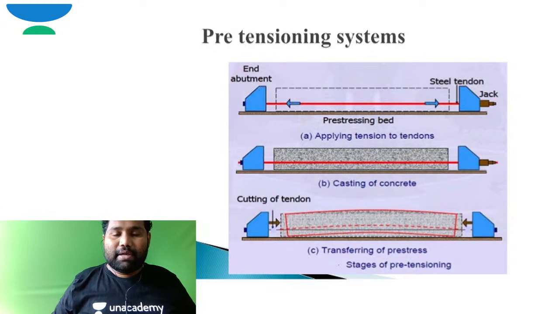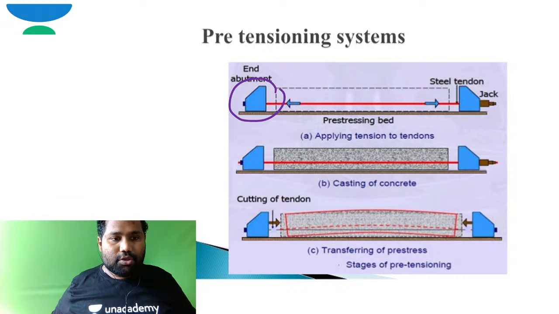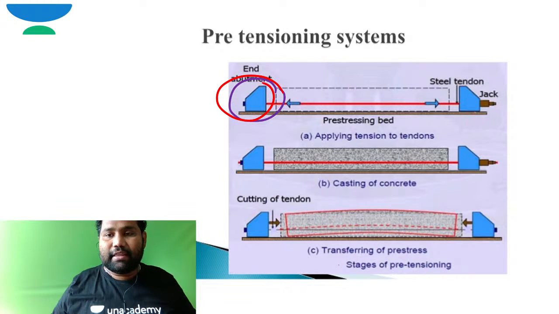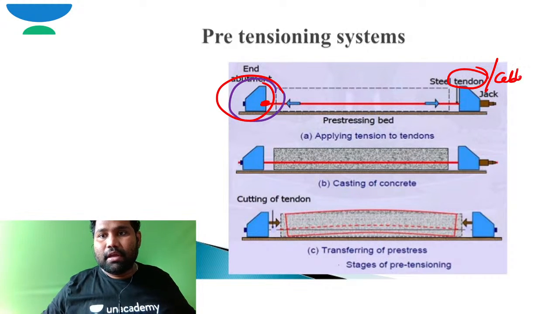There are two abutments. This is how pre-stressed concrete is generally manufactured. This is one abutment and this is another abutment. Between these two abutments, we are joining them with the help of steel tendons, or steel reinforcement, or cables or wires.